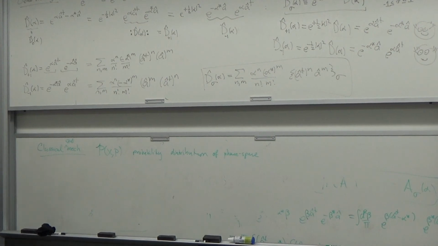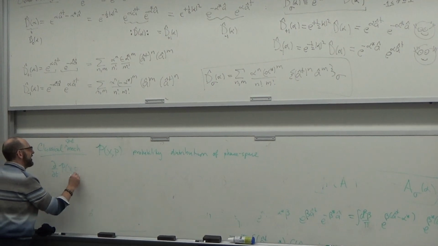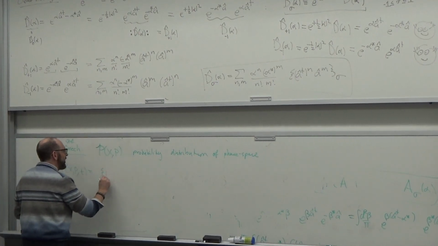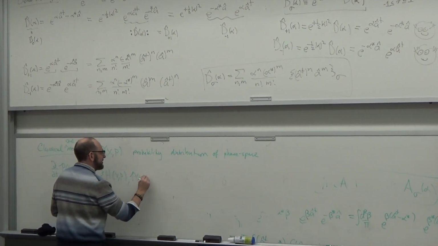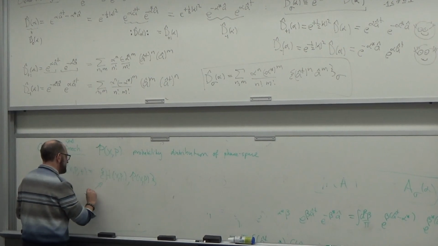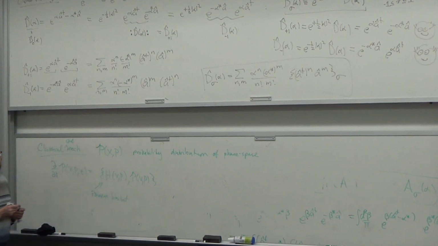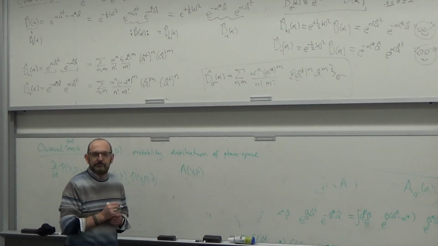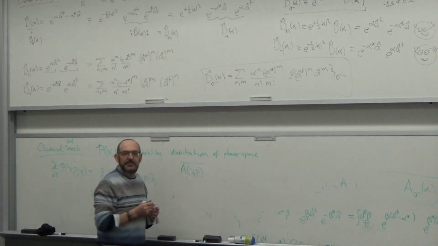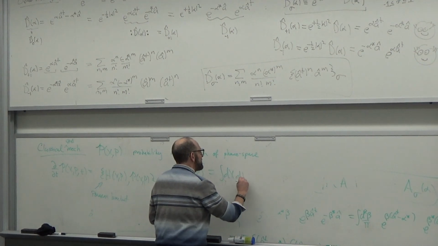I could write down the Liouville theory, which tells me how the thing evolves in phase space. It evolves according to a Poisson bracket. And if I wanted to look at some observable on phase space and know its mean value, I would integrate it over the probability distribution.